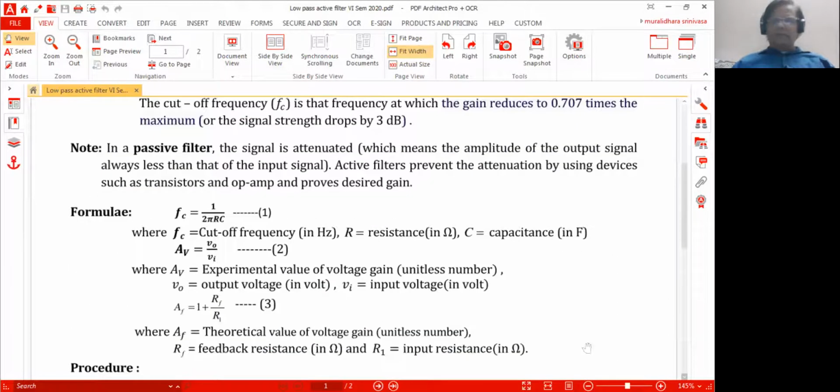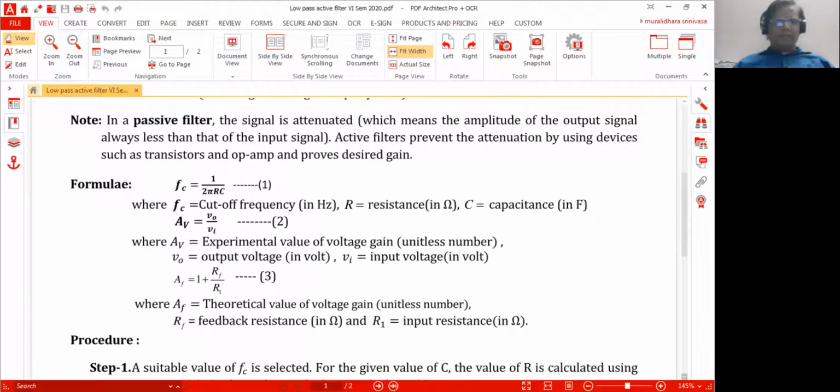Now, in a passive filter, as you know, amplitude is reduced. Therefore, we are using an op amp with a desired gain. These are the formulae. The cutoff frequency Fc is given by 1 over 2 pi RC. If you choose the cutoff frequency Fc and choose the value of C, you may use this formula to evaluate the resistance that you need to use in the circuit.